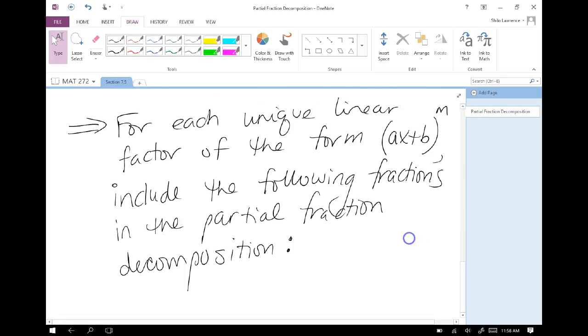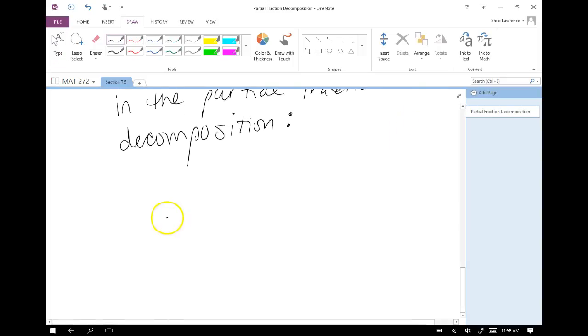We need to make sure that all of these fractions are proper fractions. So since these denominators are going to be linear, a proper fraction will always have a numerator that is 1 degree or less smaller. So since these are linear, the only smaller degree than that that's still a polynomial would be a constant. So we start off with just one of them.